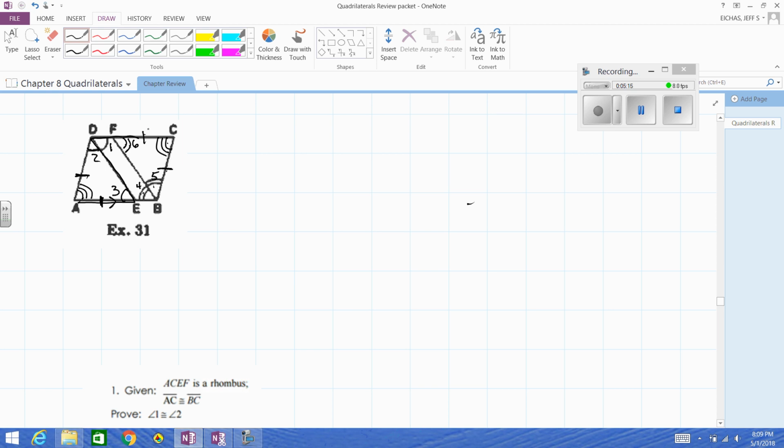So you have side angle side again. There's probably quicker, easier ways to do that, but that's what I'm going to end up doing. All right, so I would get triangle ADE is congruent to triangle CBF.